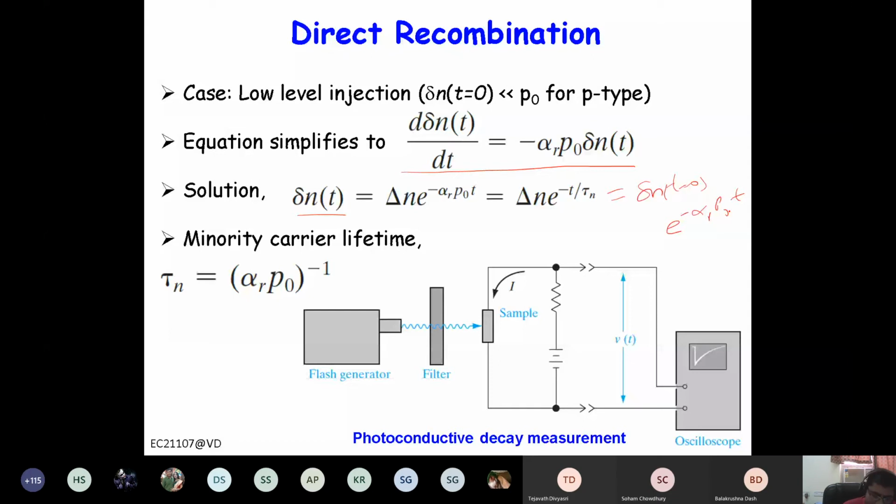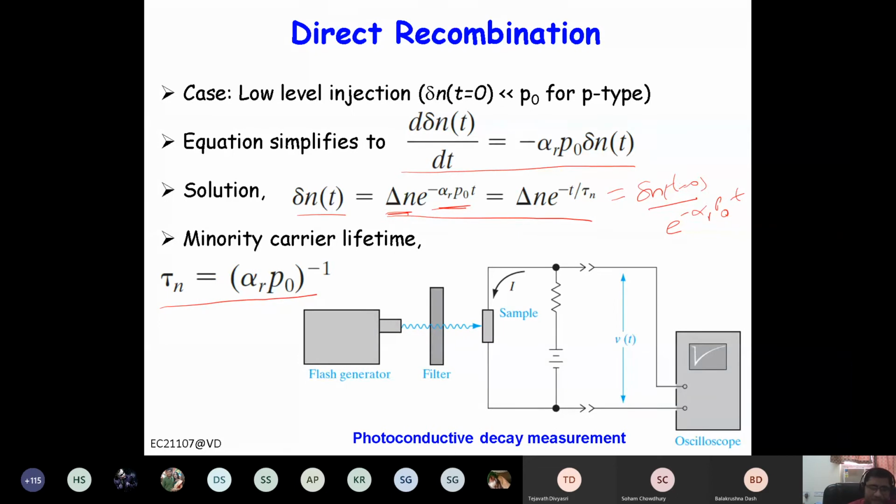Now delta n at t equal to 0 you can define as capital delta n. It is basically something like you generate the carriers at t equal to 0, and then you switch off the light. Then this excess carrier will decay as e to the power minus t by tau, where tau is 1 over alpha r p naught. And this is called the minority carrier lifetime.